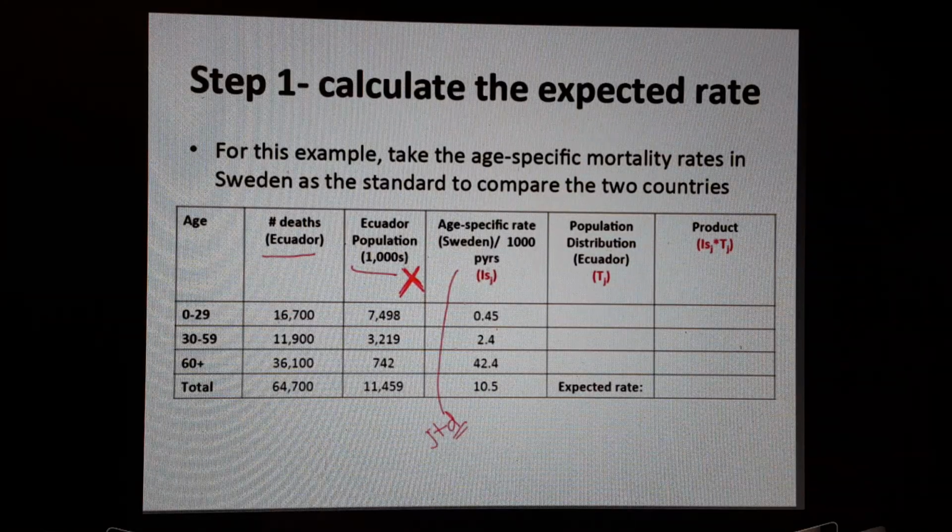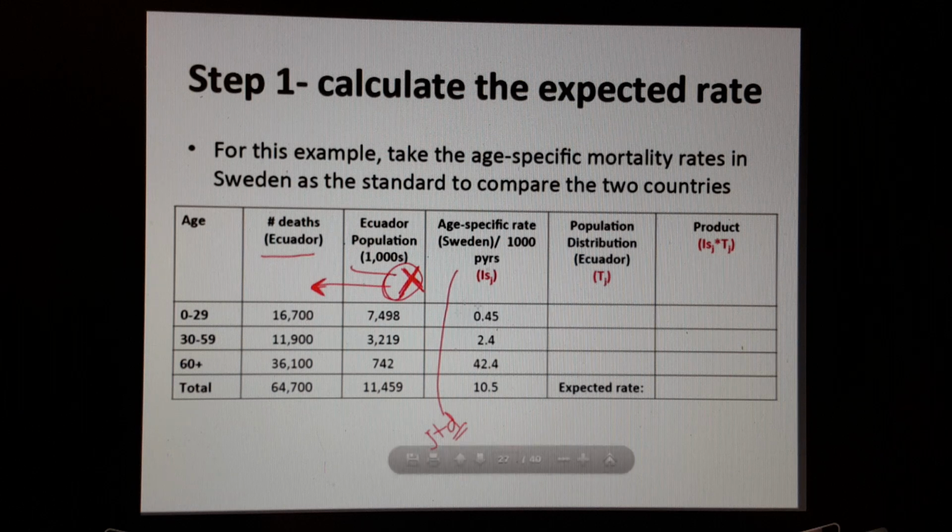What you need to do is, this is actually what you normally don't have, the number of deaths. You need the population structure. To get the population distribution, you just take the number in this particular stratum, which is 7,498, divided by the total population size, because you want to know what proportion of your population is within this age category. For this one, it is 0.65.